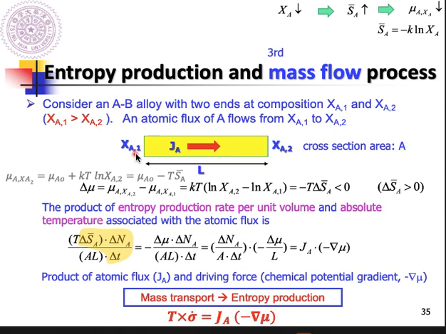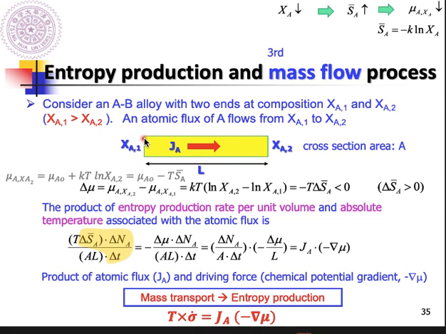This demonstrates that the atom A at location 1 has a higher chemical potential than the atom at location 2. So this mass transport will lead to a decrease of the total energy of the system, right?